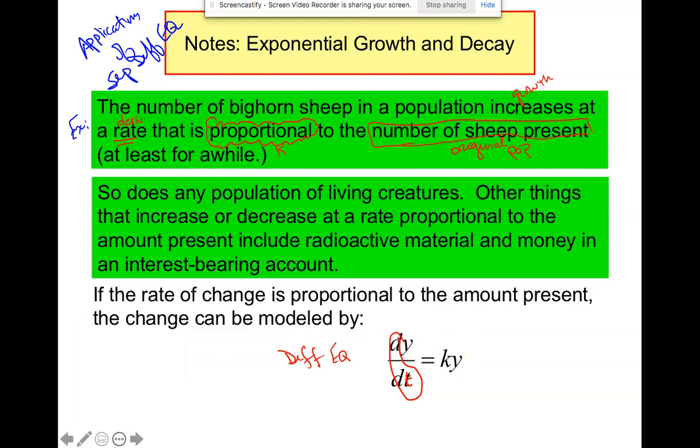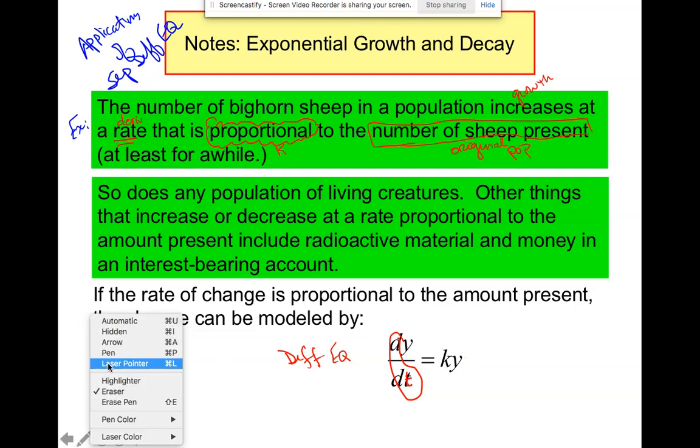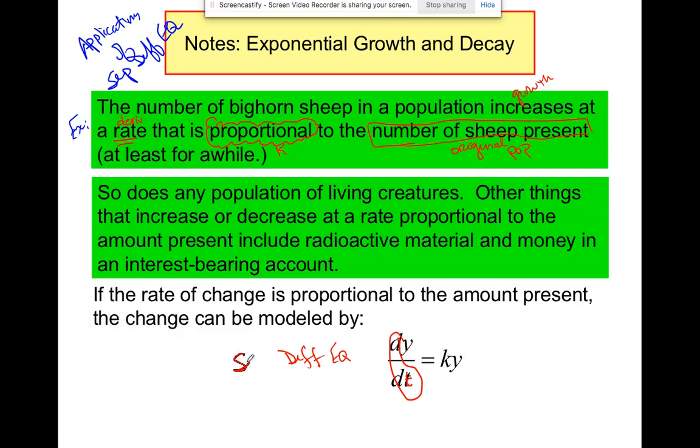But the key is recognizing, whoa, that is a separable differential equation, because I have a derivative, which is a rate of change, and it is proportional to the original amount. I see you, separable differential equations.